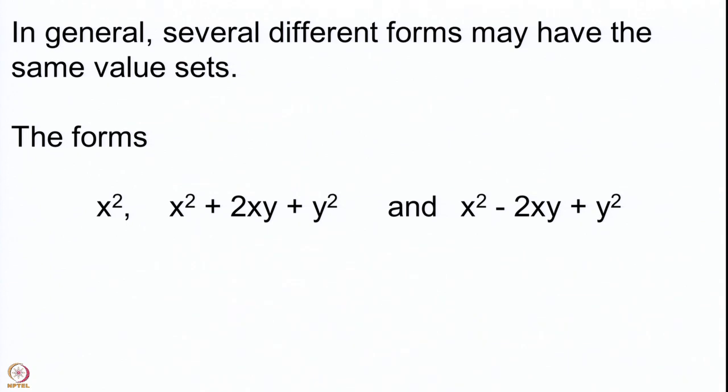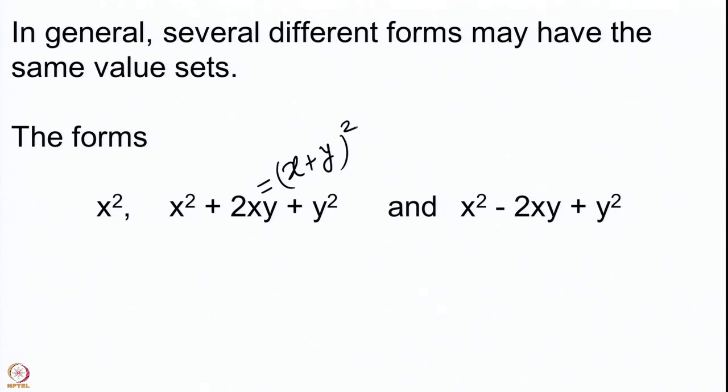So you are going to get all squares. Whenever you put any integer in the place of x, you are going to get the square of that integer. So all squares are represented and the whole set of values is the set of squares. Similarly, the second form that you see here is nothing but x plus y whole square.